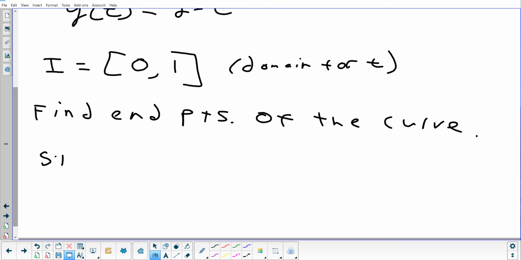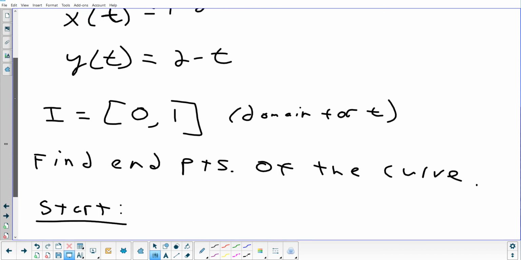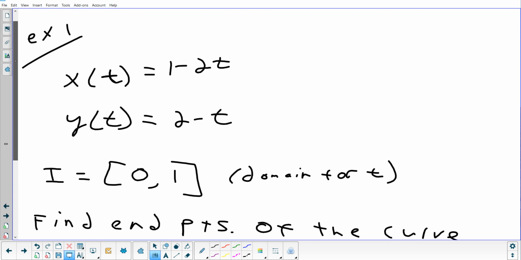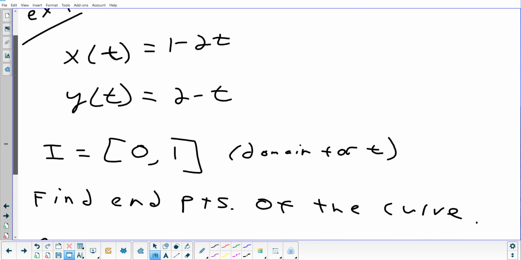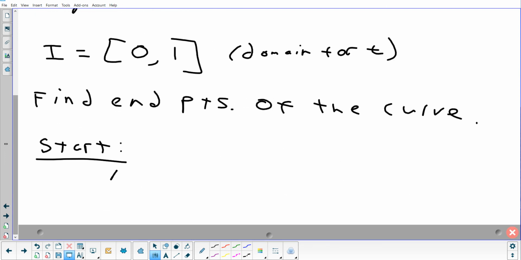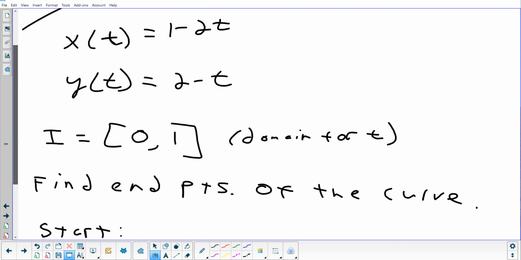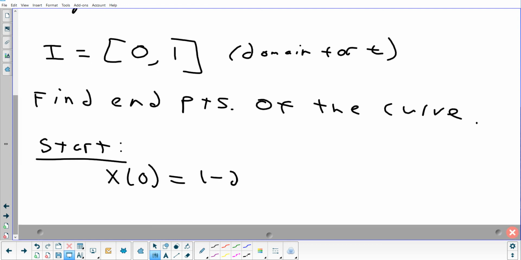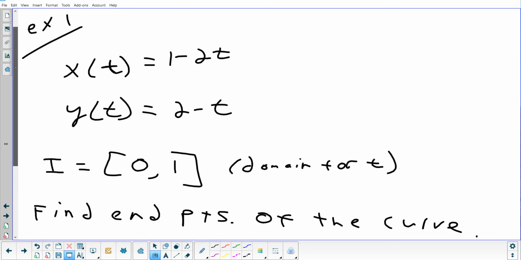So let's find the start point, which means you're going to plug 0 in to 1 minus 2t, and then you're going to plug 0 in to 2 minus t. So that's 1 minus 2 times 0. And plug it into y.